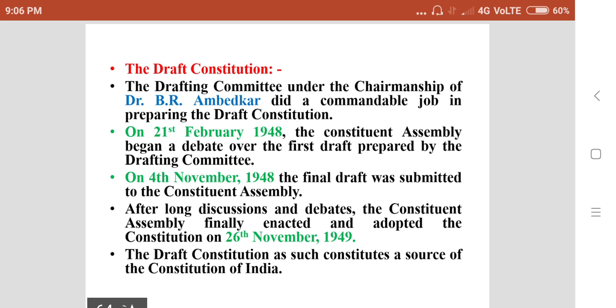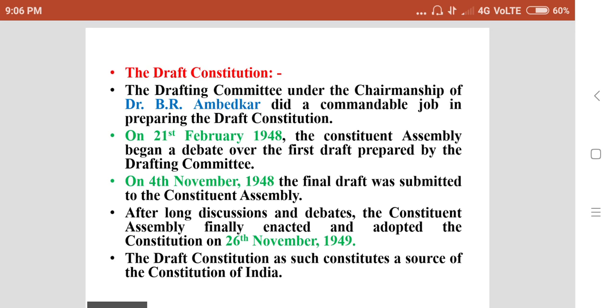On 4th November 1948, the final draft was submitted to the Constituent Assembly. After long discussions and debates, the Constituent Assembly finally enacted and adopted the Constitution on 26th November 1949.